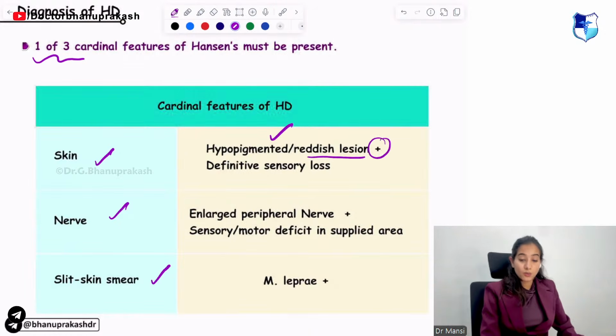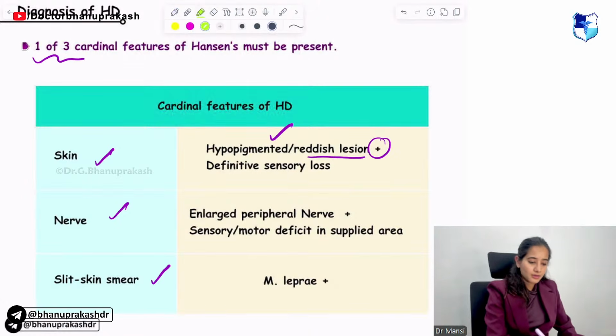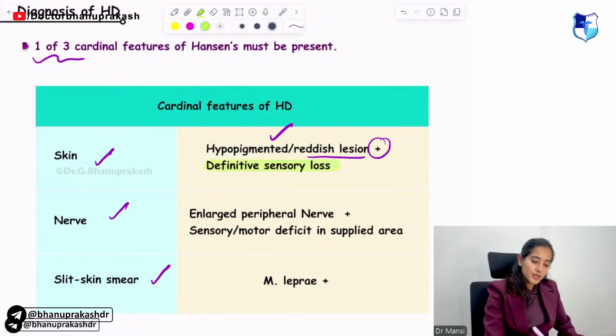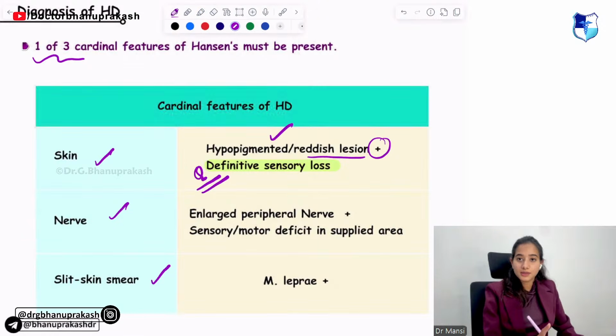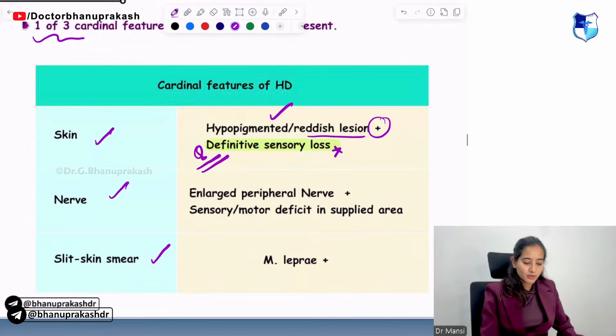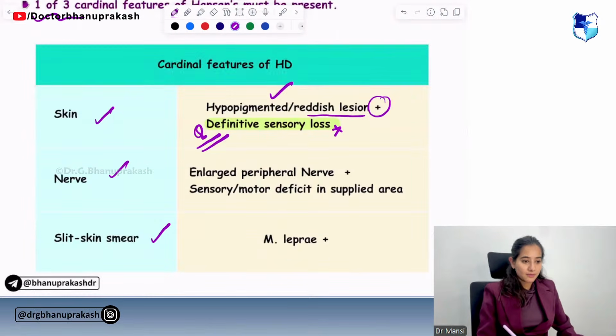Very important, we have seen various hypopigmented skin conditions, but we haven't seen anything with definitive sensory loss. So look for sensory loss, because that is not going to be there in other disease conditions, but it will be there in Hansen's disease. That is more important for you to notice. And then we have the nerve thickening, which we saw, the enlarged peripheral nerves. Which nerves again?